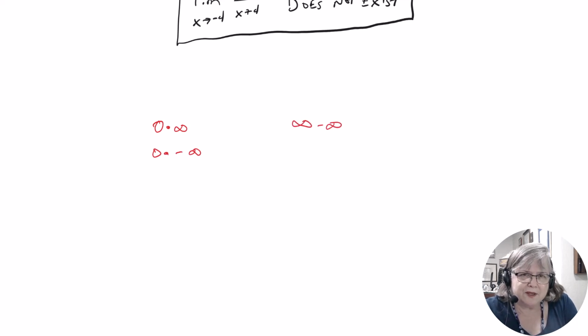These are also considered indeterminate forms, but what we know is the ratio needs to be 0 to 0 or infinity to infinity, not infinity minus infinity, because it's kind of like if this one's bigger, then my answer would be negative infinity. If this one's slightly bigger, then it'd be positive infinity. So it's kind of like, which one is it?